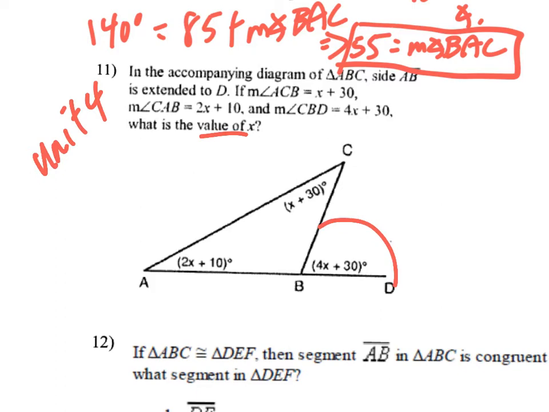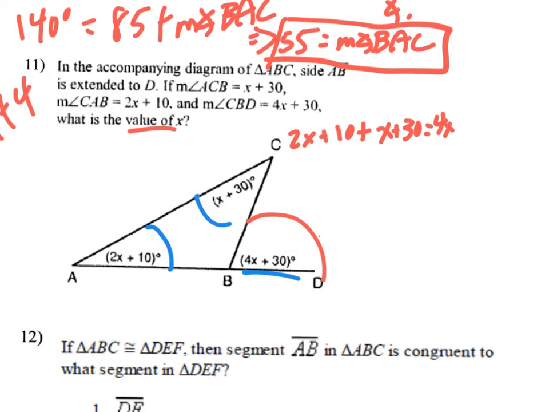And once again, I'm going to use my remote exterior angle theorem. So my remote interior angles are 2x plus 10, x plus 30, and my exterior angle is 4x plus 30. So let me just write that algebraic equation that represents what theorem we're going to be using, right? So I have 2x plus 10 plus x plus 30, and that should equal this expression 4x plus 30, right?